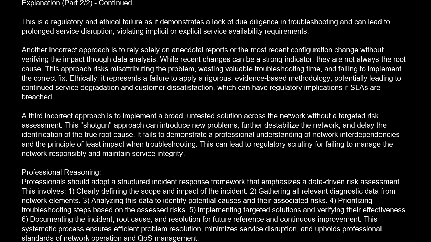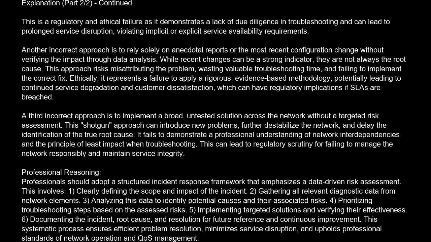Professional reasoning. Professionals should adopt a structured incident response framework that emphasizes a data-driven risk assessment. This involves 1. Clearly defining the scope and impact of the incident. 2. Gathering all relevant diagnostic data from network elements. 3. Analyzing this data to identify potential causes and their associated risks. 4.